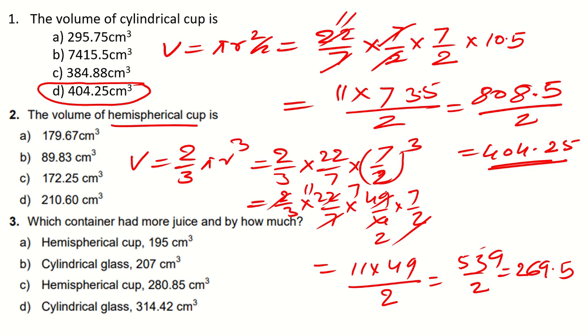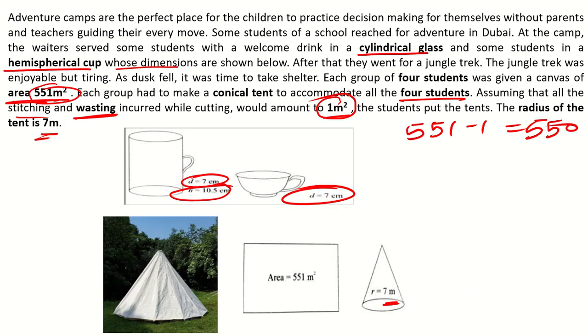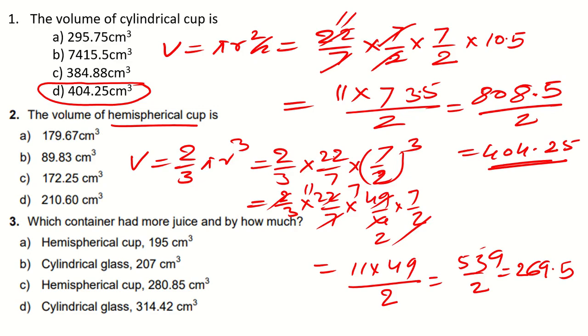Is it correct? Everything is correct, but there is no such option. You see 2 over 3 pi r cubed. So 2 over 3 same here. Pi means 22 by 7 and its diameter is 7, so 7 by 2 will be the radius. So I did 49 over 4 times 7 over 2 here.